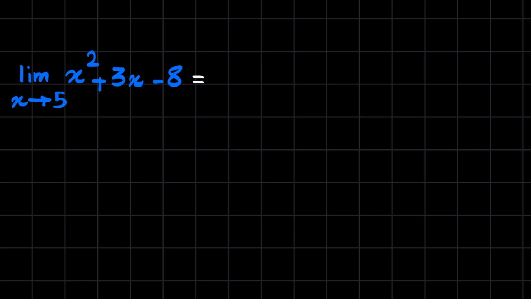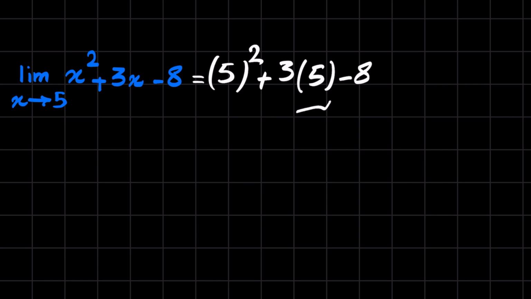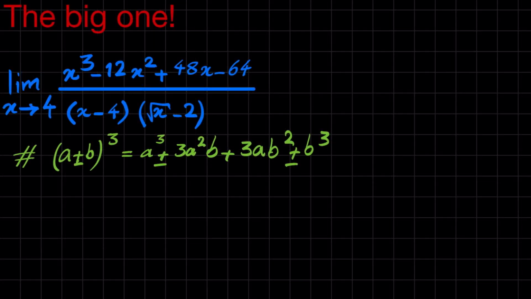If we just directly substitute the value 5 in the limit of x squared plus 3x minus 8 as x approaches 5, we're going to see that this is just going to work without a problem, and the limit is going to be 32.